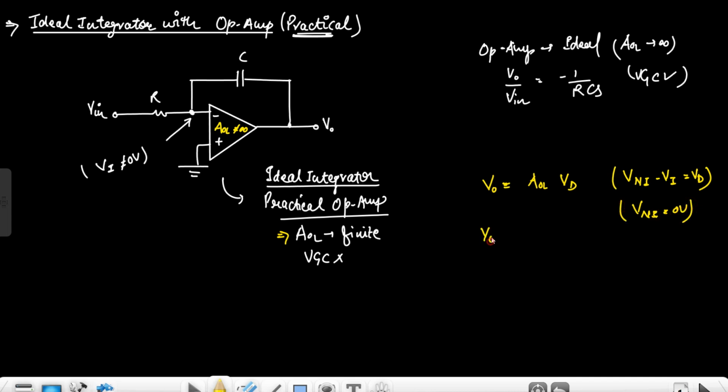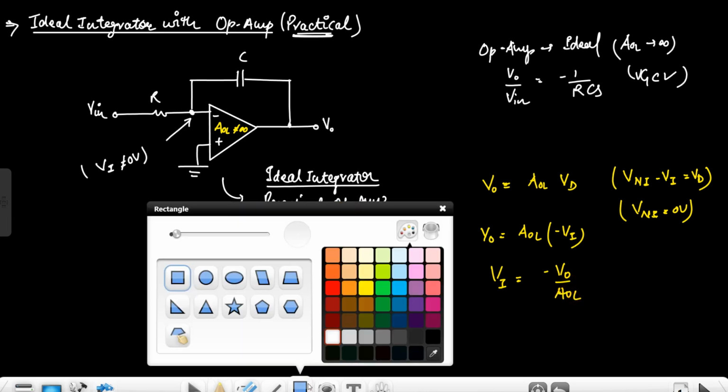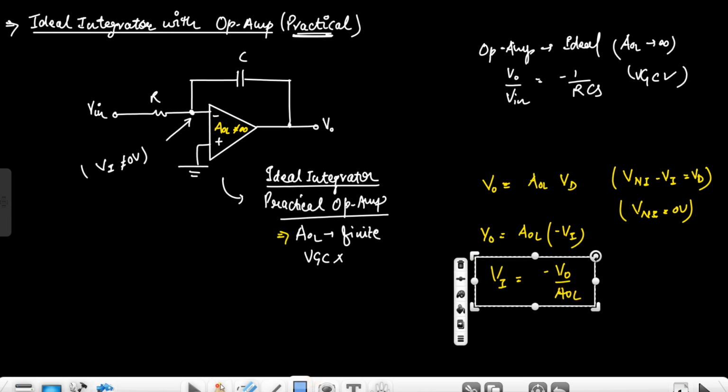So V0 is equal to AOL times minus V inverting. So the inverting terminal voltage in terms of V0 and AOL is minus V0 upon AOL. We have to find this because for the transfer function we have to apply KCL at this inverting terminal, and that's why we require this value of the inverting terminal voltage in terms of V0.